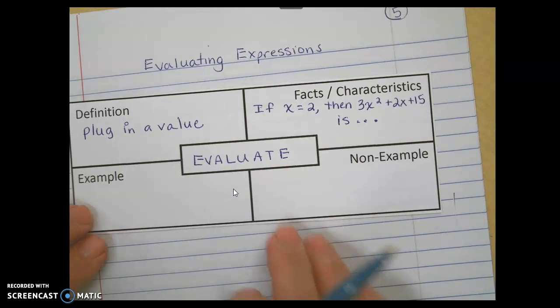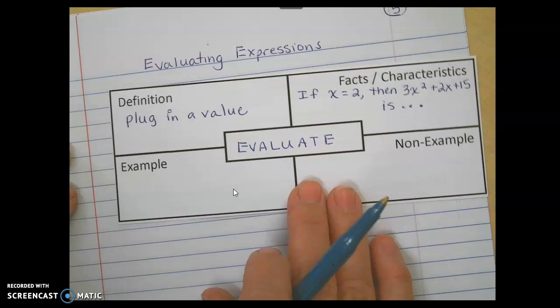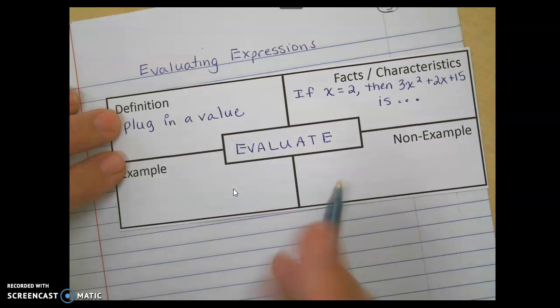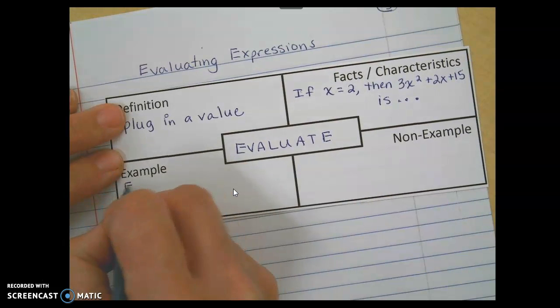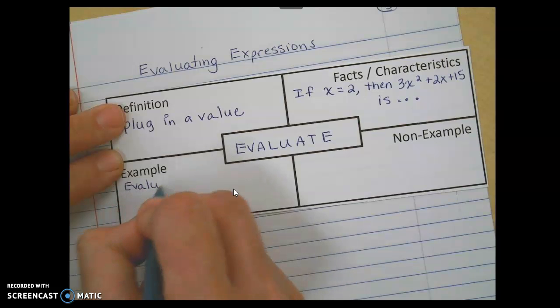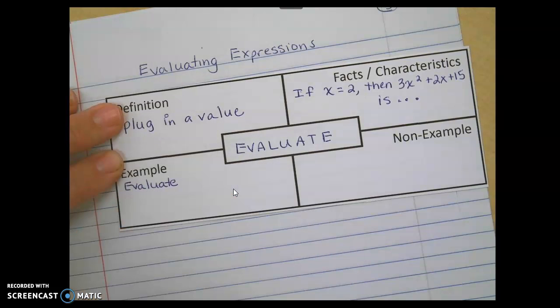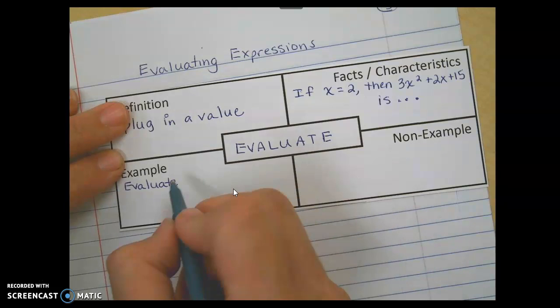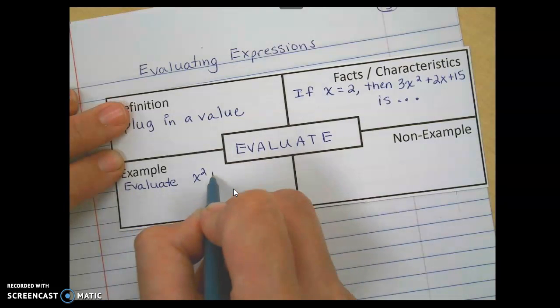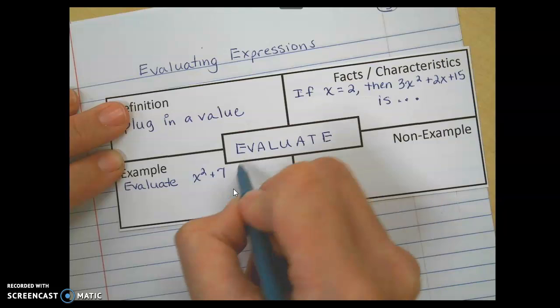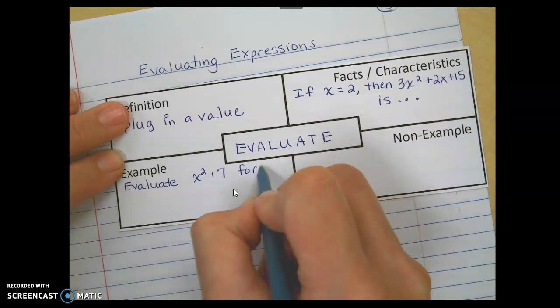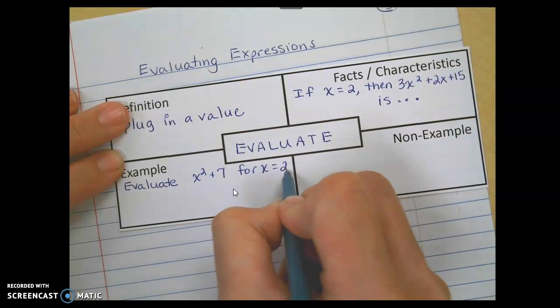So let's look at an example on our note taker. It might say, evaluate x squared plus 7 for x equals 2.